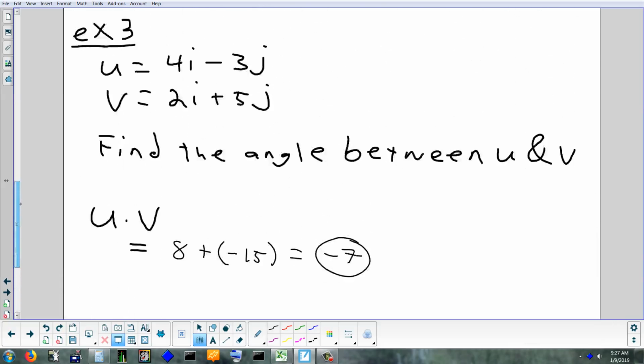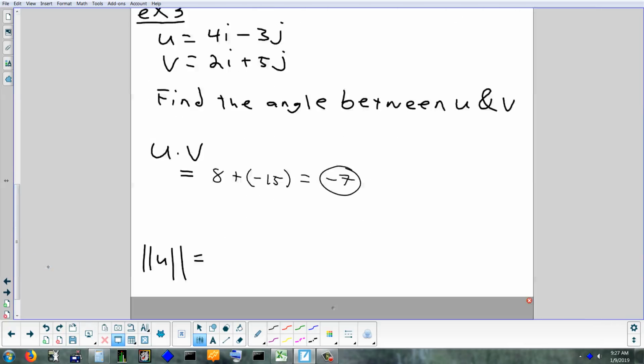What's the calculation to get the magnitude of u? What do we want to start out with? I usually say to write this down so you don't forget it. The square root.